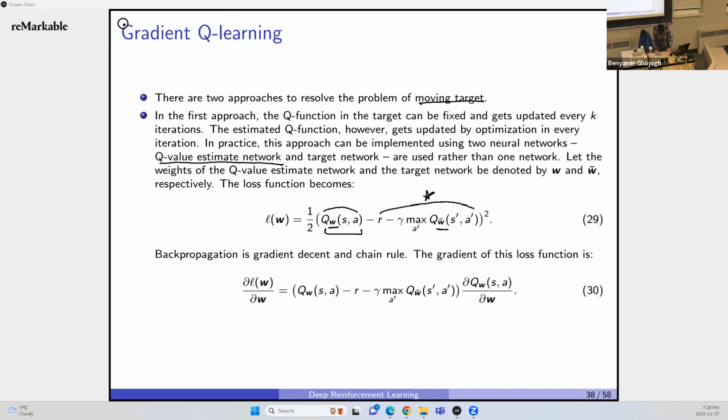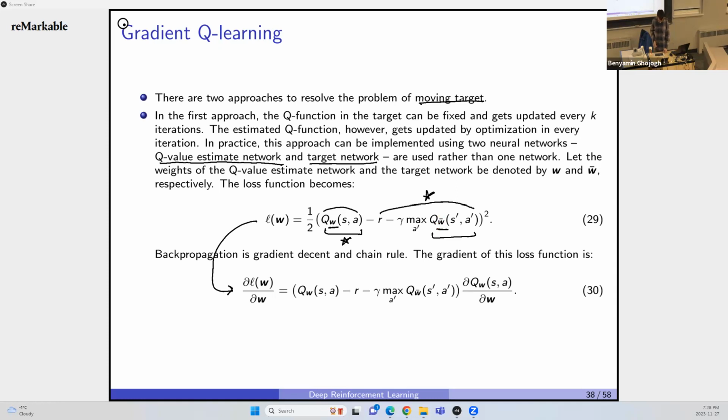And this is called the target network. Okay? Then I have only one thing which changes. So it converges, hopefully. So its derivative becomes this. Do you agree? The derivative of this with respect to W becomes this. Note that here I have W bar. It's not a function of W anymore, right?